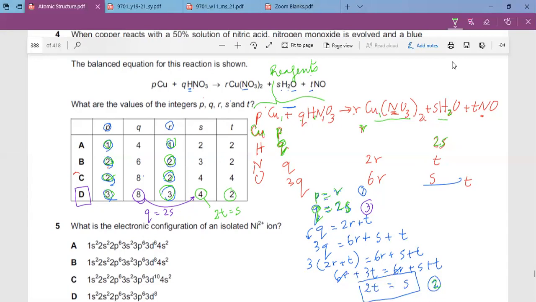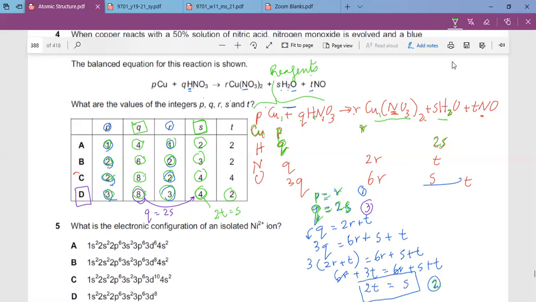You can check Q and S. Q is equal to 2S: 4 and 2, correct. 6 and 3, correct. 8 and 4, correct. So you cannot differentiate again, so these two are finished.